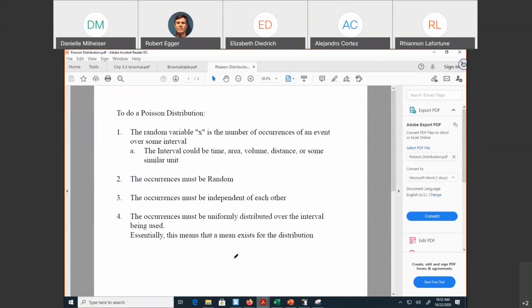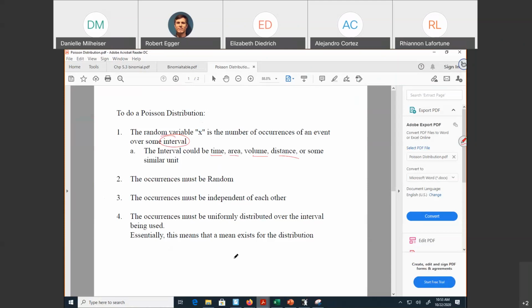A Poisson distribution is unusual. A Poisson distribution works over what we call an event over some interval. And the intervals are unique. I have some examples here: a time, area, volume, distance, or some other type of unit.